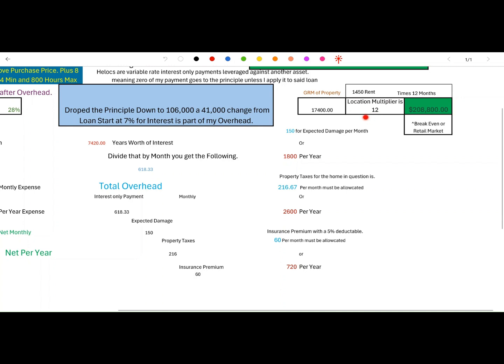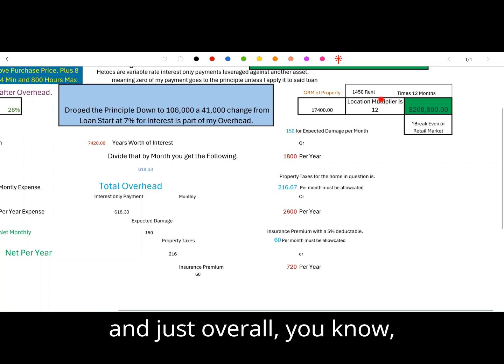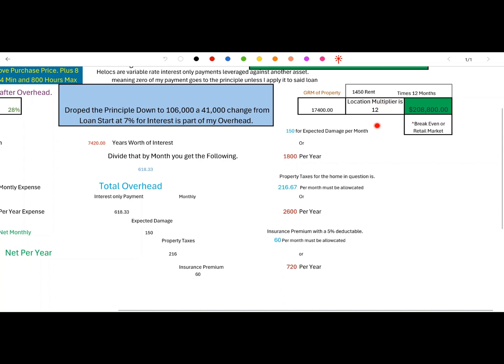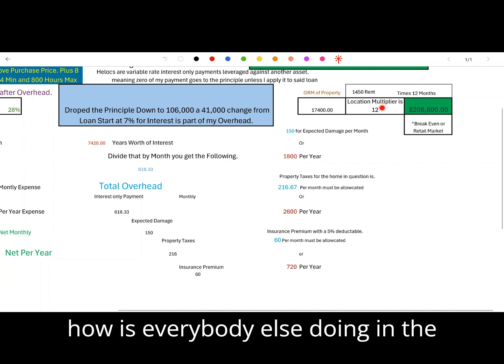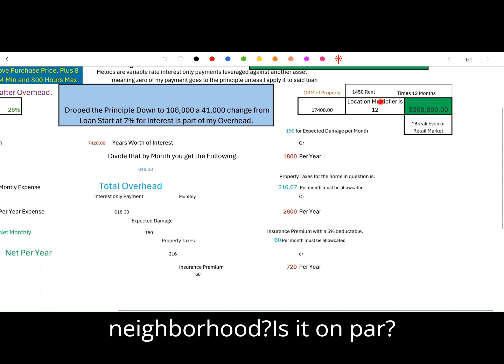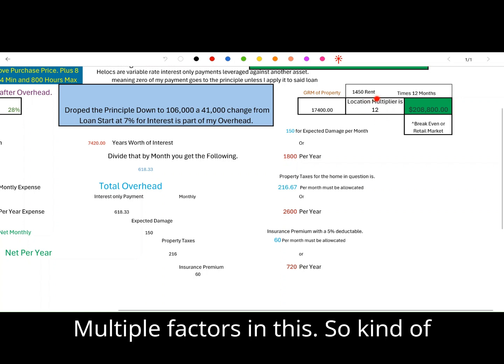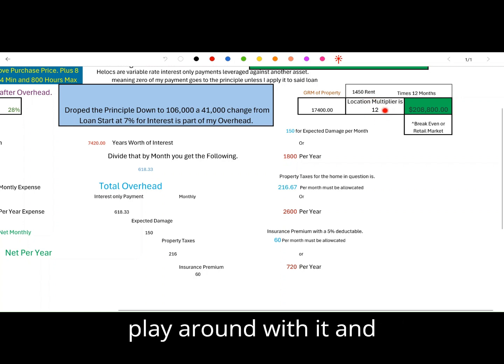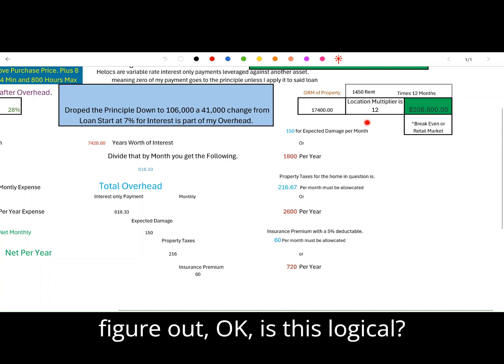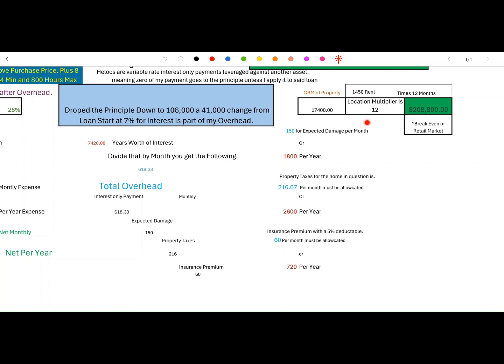You know, school systems, okay. Availability to jobs, and just overall, how is everybody else doing in the neighborhood? Is it on par? Multiple factors in this, so kind of play around with it and figure out, okay, is this logical?